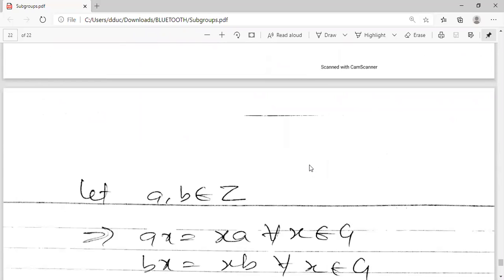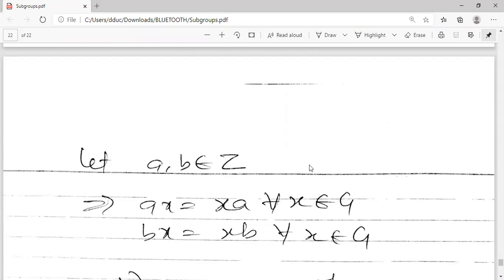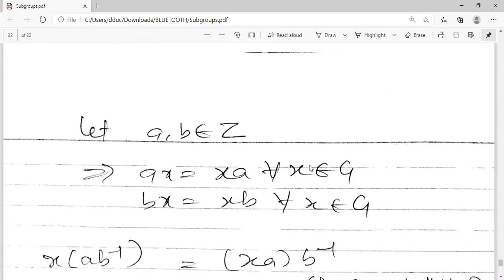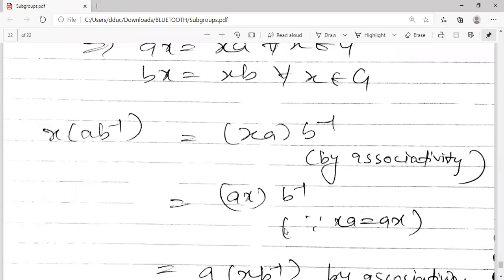That means Z is non-empty. Now let A and B be two elements of Z. If they are in Z, that means they satisfy the property of Z. That means AX is equal to XA for every X belonging to G, and BX is equal to XB for every X belonging to G. Now, X into AB inverse will be this: XA into B inverse.